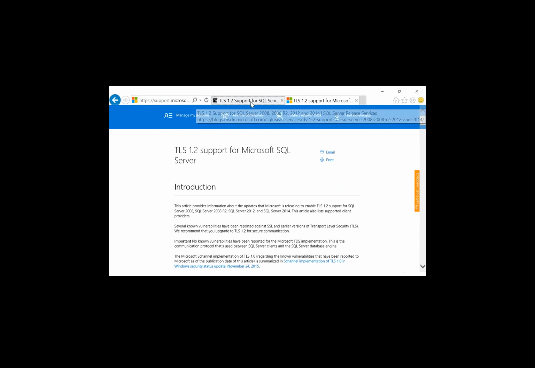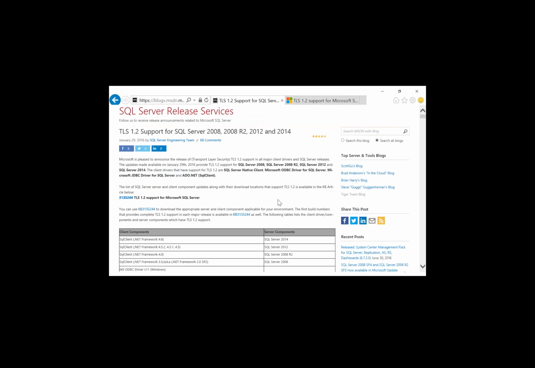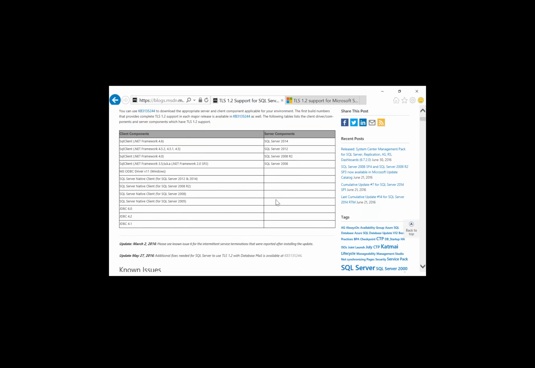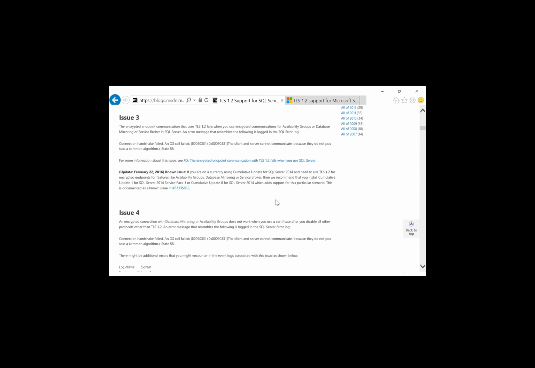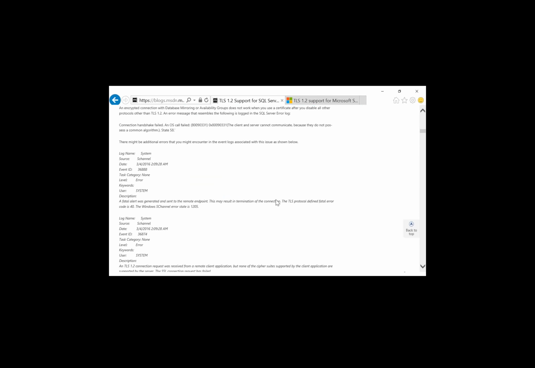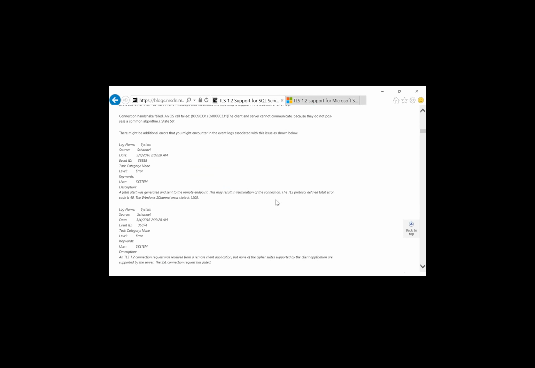So let's look at the blog post first. I talk about, at a very high level, what the fixes are and what the known issues are, and these are what we were talking about. So to the question on if the client fails, if it did understand the TLS protocol, it would report an error, something like what I have highlighted in the event logs. It would say that the source would be SChannel.